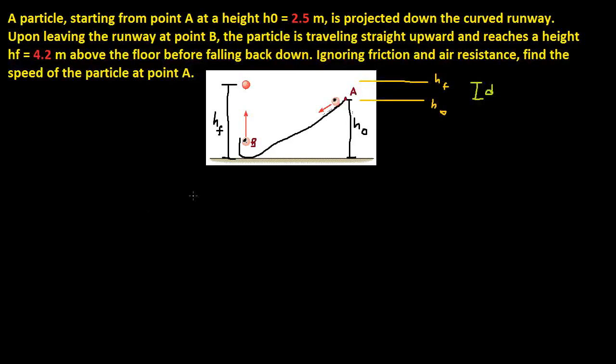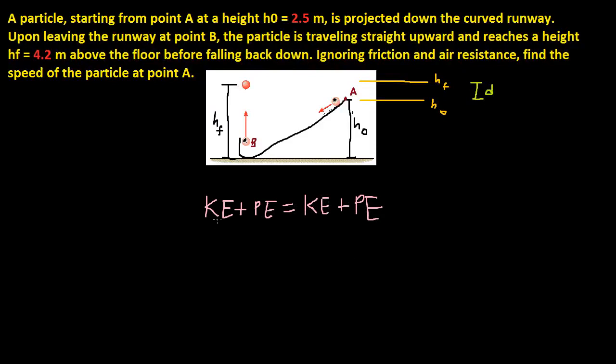So we know that KE plus PE is equal to KE plus PE, right?